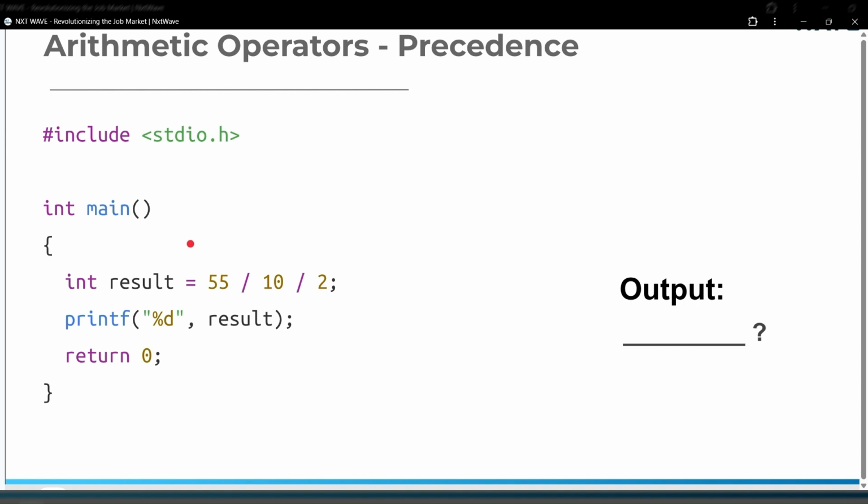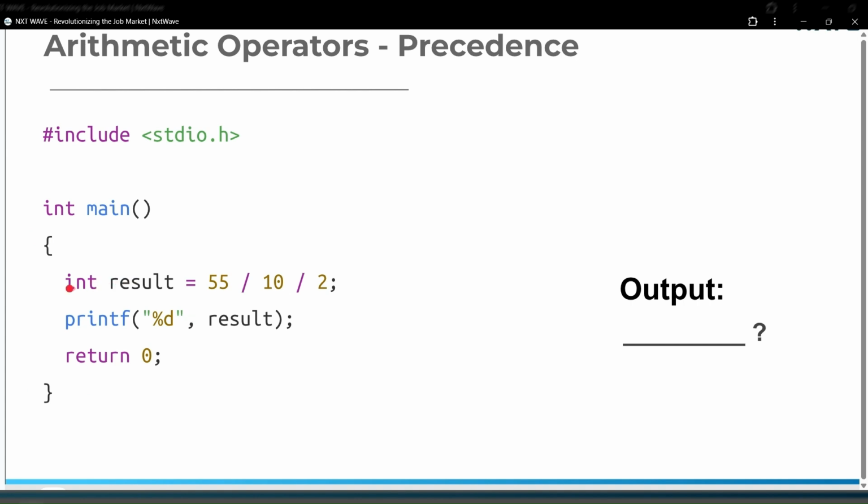Our program starts from this opening curly bracket to the ending curly bracket. This is the program for our course.